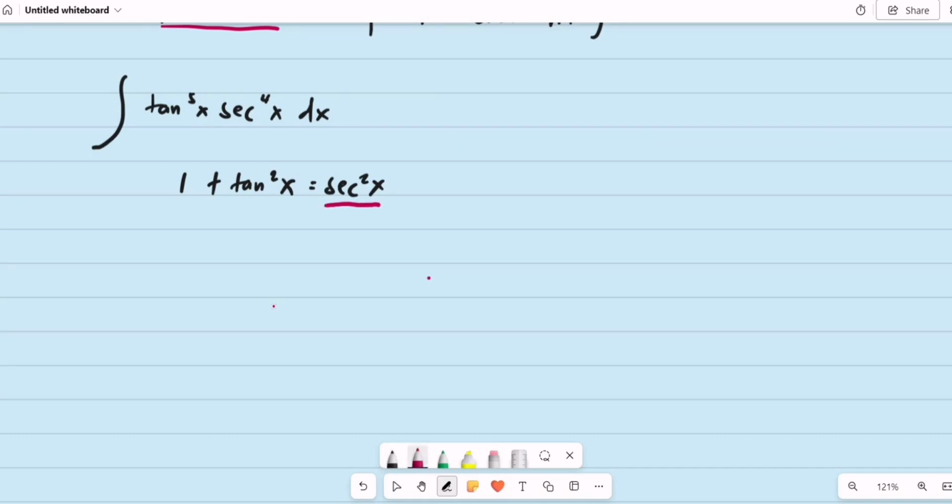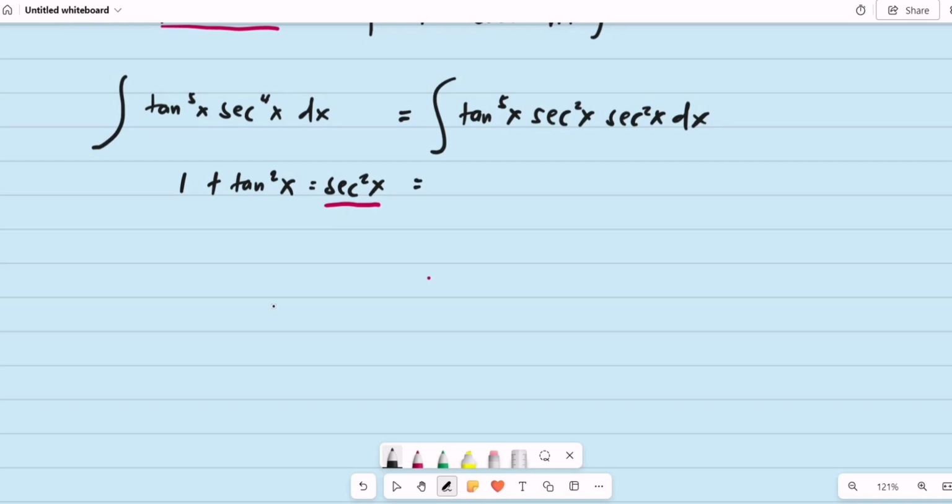Let's have the term secant squared x. For our integrand, we can rewrite this as the integral of tangent raised to 5 x, and secant raised to 4 we can rewrite as secant squared x, then another secant squared x dx. All we have to do is substitute the equivalent of secant squared x.